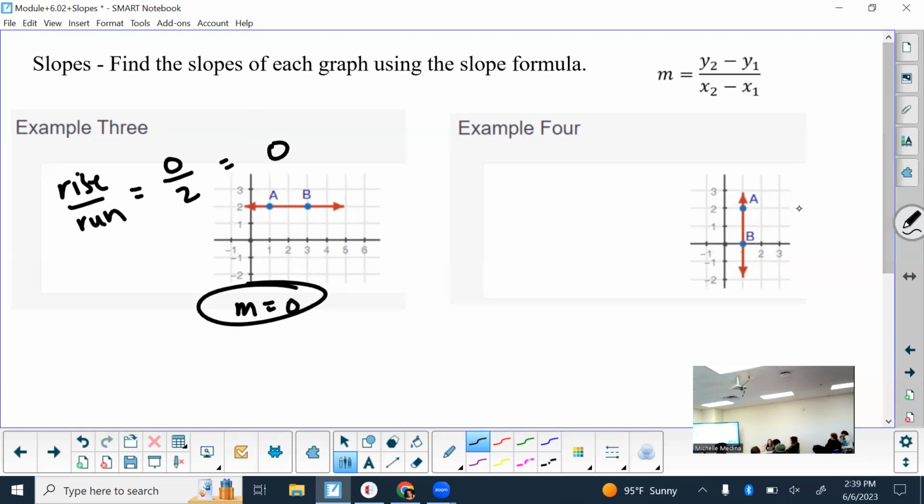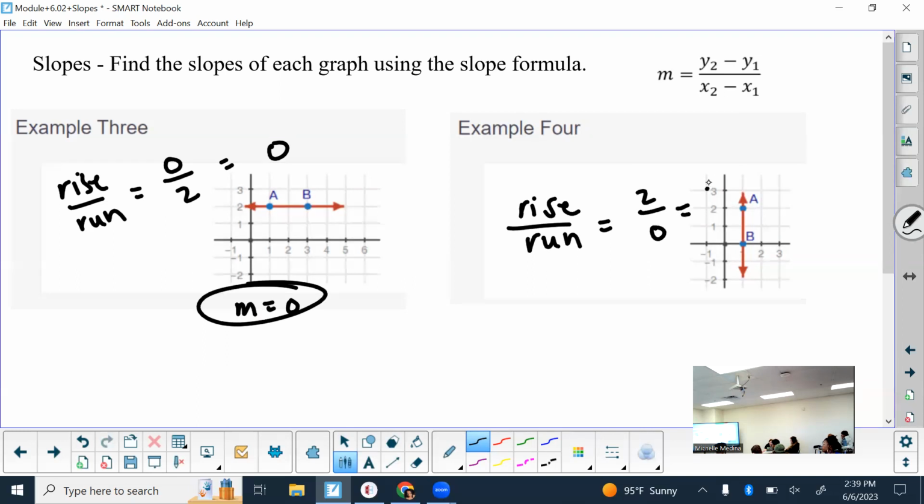For this one, again, you can memorize it. The vertical lines always have this kind of slope, or you could just figure it out. Does this one have a rise at all? Yeah. So we could give it a number. I could give it 2 since it goes up 2. It doesn't matter. Does it have a run? So 2 divided by 0, what's that? It is not 2.